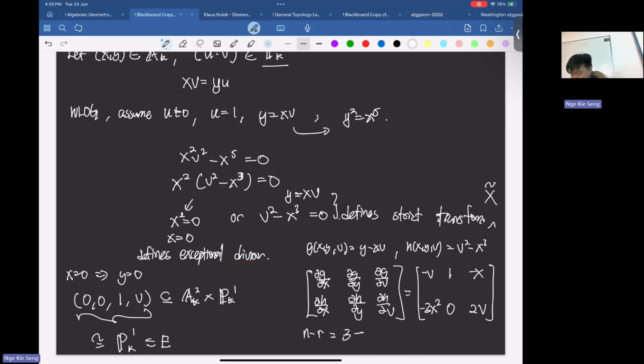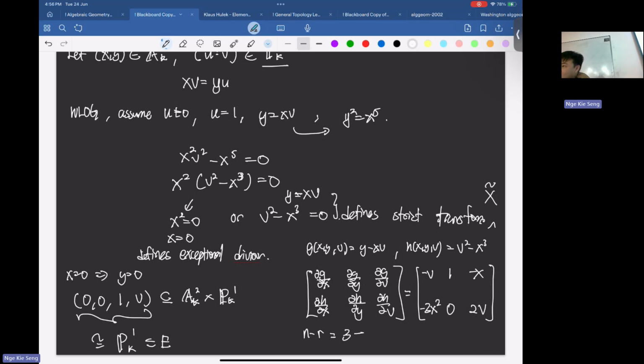R should be the dimension of the variety, meaning the dimension of the strict transform.